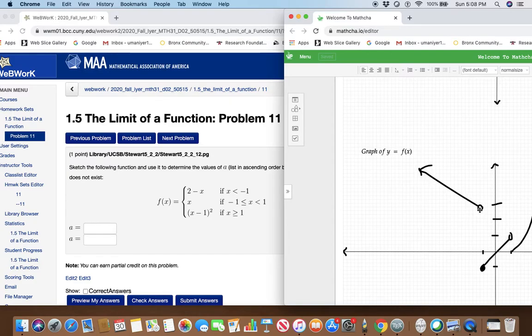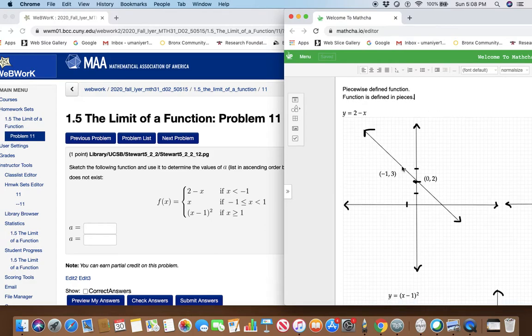Notice this piece ends in a hole because x is not equal to -1, it's less than. So I took this line, cut it over here, and took the left piece because that's of interest to me, with a hole over here.